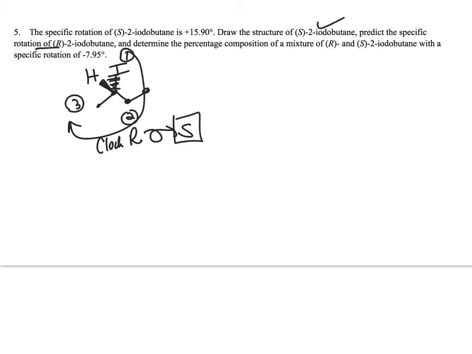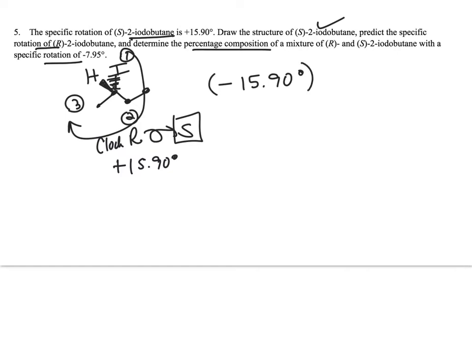And it says predict the rotation of R. Okay, so determine the percentage of R and S with a specific rotation of negative 7.95. Well, if the rotation of S is plus 15.9 degrees, then the R would have to be equal in magnitude but opposite in direction.